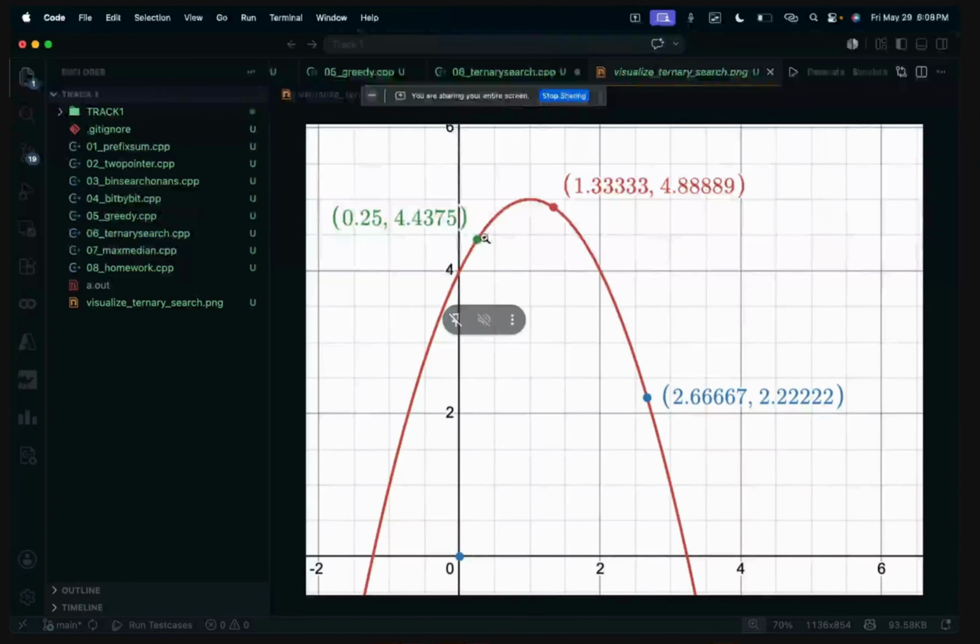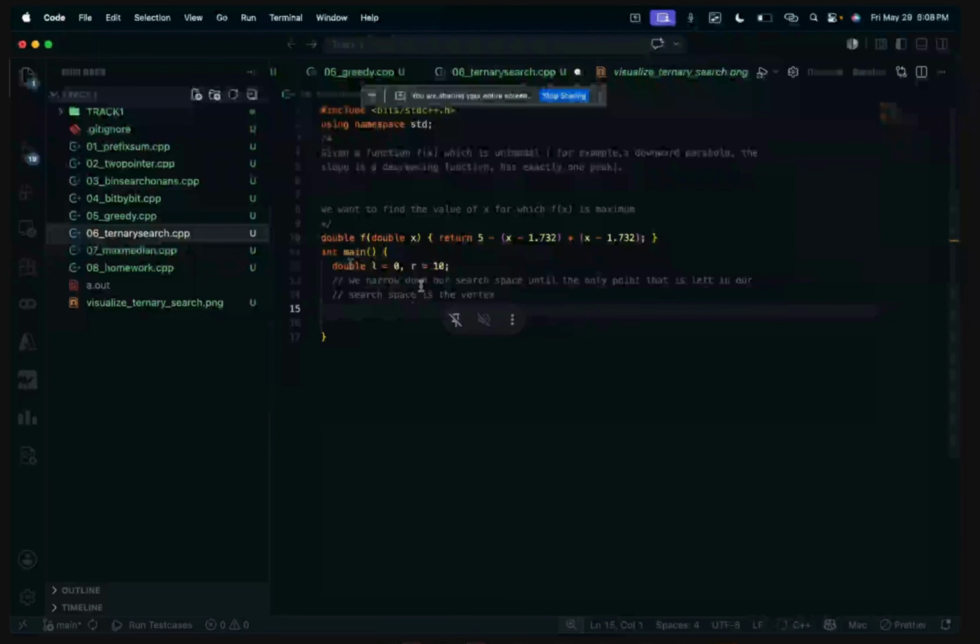So we do not know which portion of the search space to prioritize in order to find a vertex. But now that we have ternary search, we can do some casework which allows us to eliminate certain big chunks of a search space one by one. I'll show you what I mean by that.